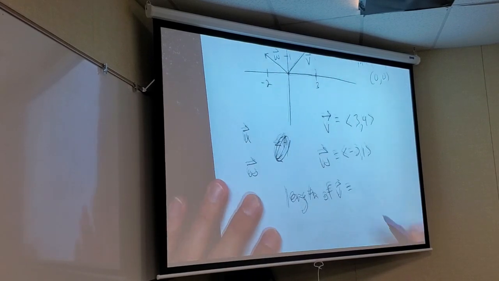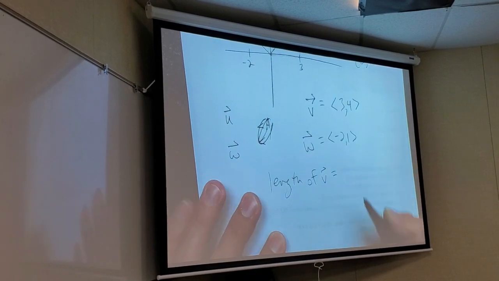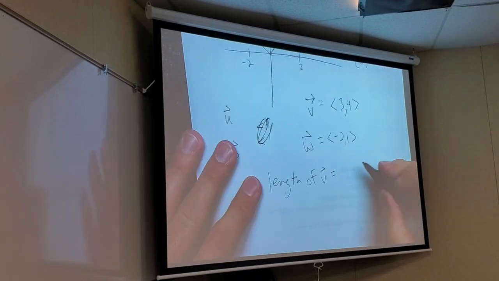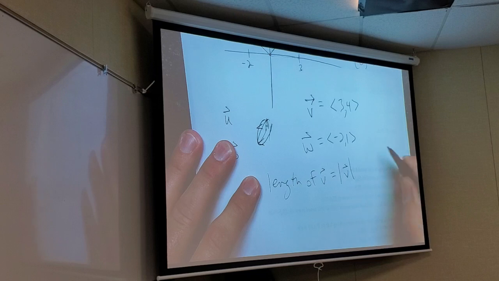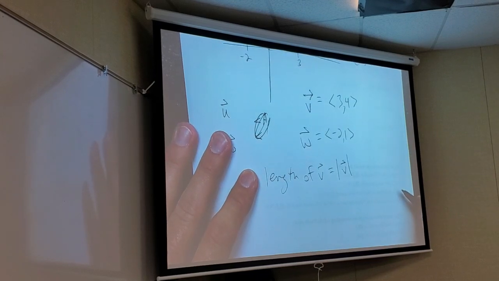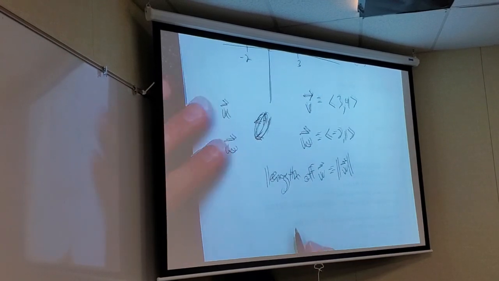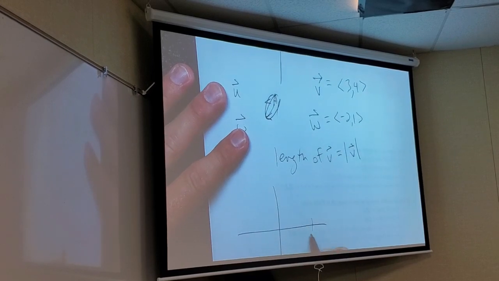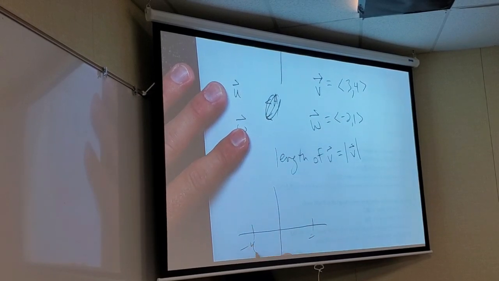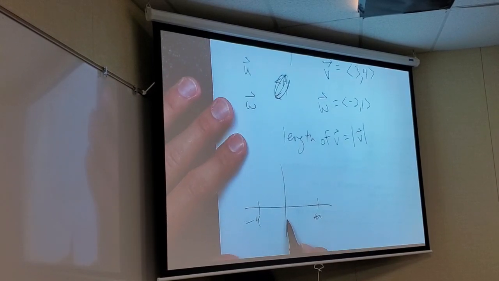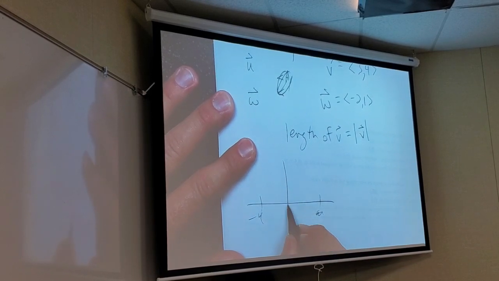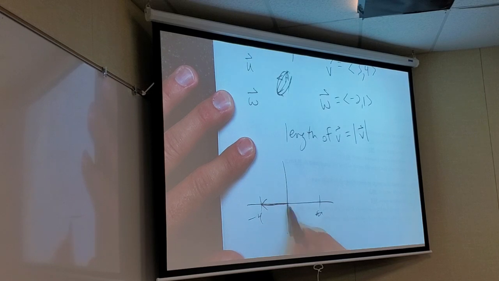So the length of V, and does this symbol look familiar? We use this symbol to indicate length. It's absolute value. So, real quick. Back in the day, when I said, what's the absolute value of -4, what I was really asking you is, what's the length of this vector?